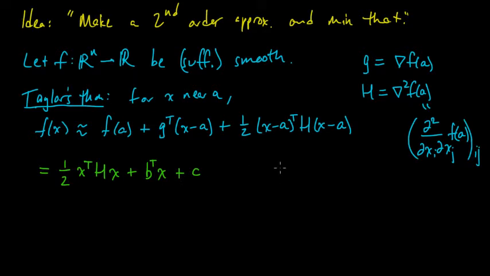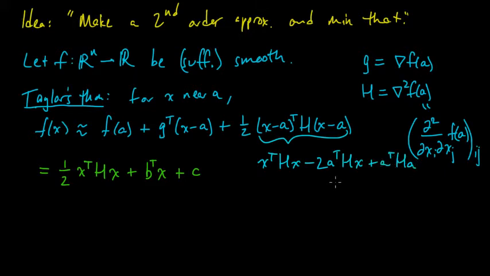And here b, we'll just define appropriately. What's b going to be? b is going to be g minus, and then what are the linear parts over here? Maybe I should multiply this out to see what it's going to be. This is x transpose Hx minus 2 a transpose Hx plus a transpose Ha.